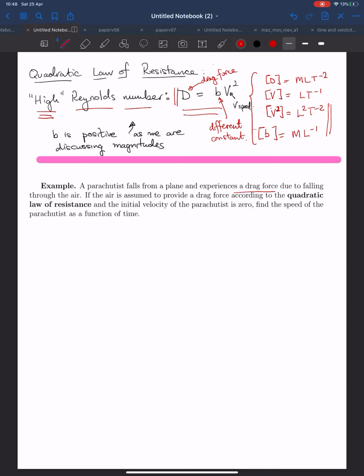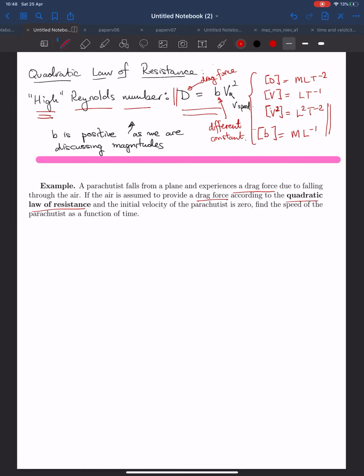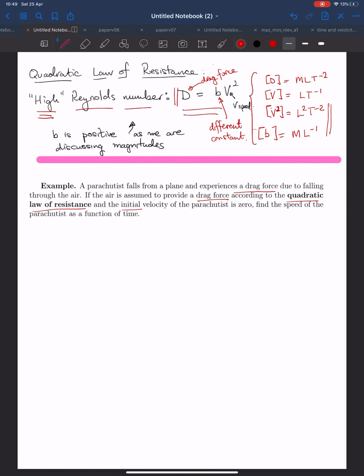Quite naturally. Now we're told that it turns out this drag force acts according to the quadratic law of resistance, and the initial velocity for the parachutist is 0. Then we're asked to just find the speed of the parachutist.